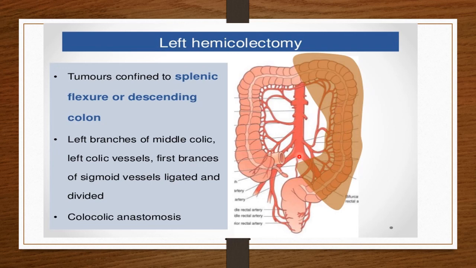Okay, and the left branch of the middle colic here plus the left colic artery itself at its root must be divided, and colocolic anastomosis is created. This proximal part here is then anastomosed to the distal part of the descending colon or sigmoid colon, and that is known as colocolic anastomosis.